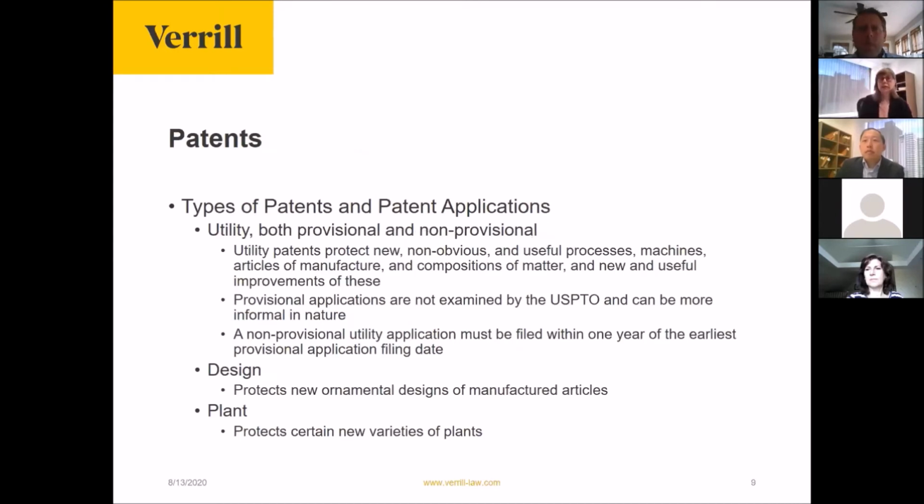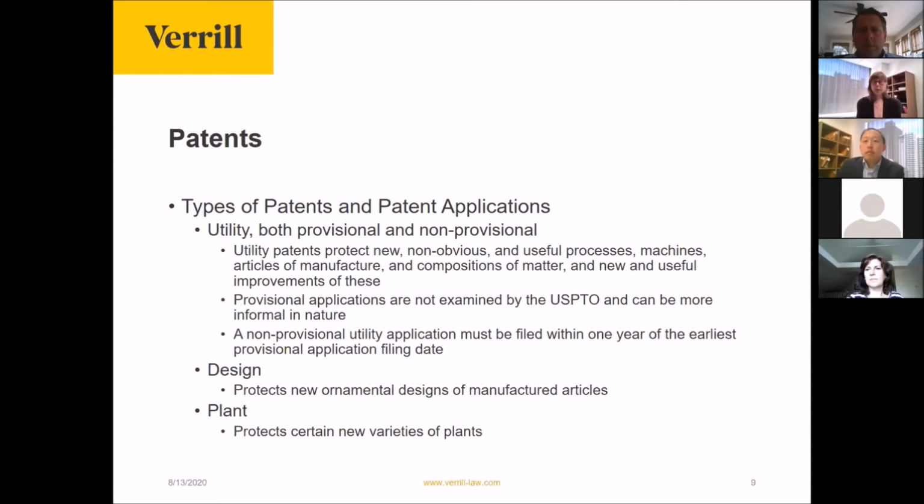specifically considering patents, in the US, there are 3 types of patents: utility patents, which protect new and non-obvious and useful processes, machines, articles of manufacture, and compositions of matter, and new and useful improvements of these.